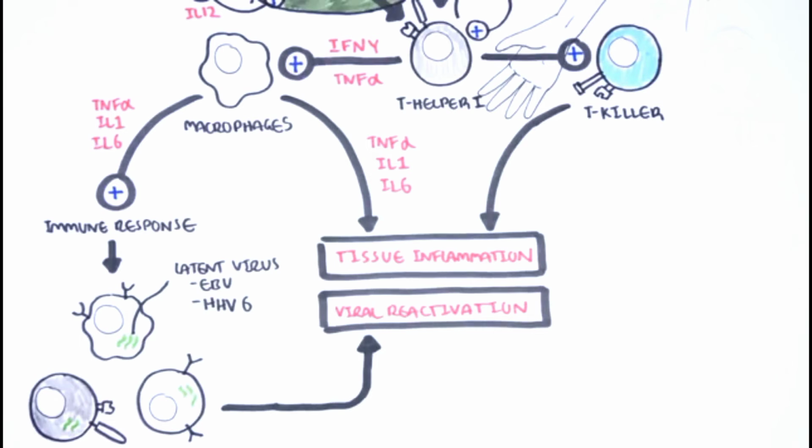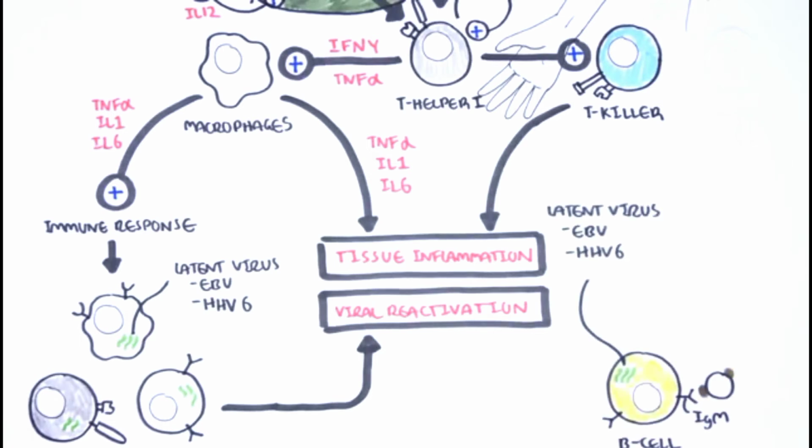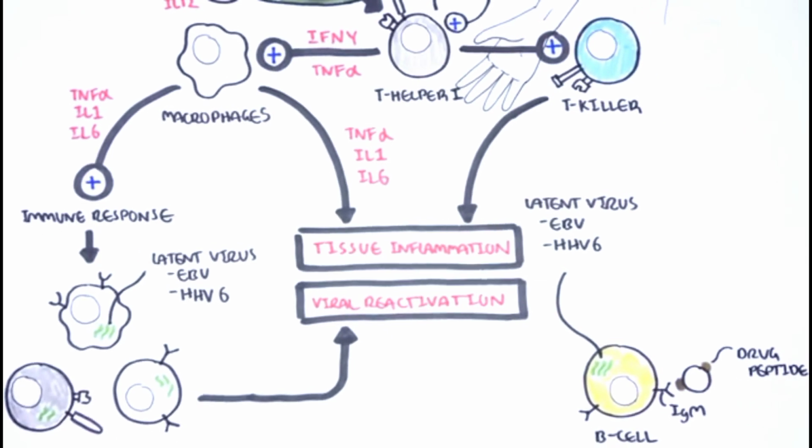The other idea is that antigen-presenting cells, such as B cells, can have latent viruses inside them. The hapten carrier protein complex we learned about earlier is recognized by the antigen-presenting cell. The antigen-presenting cell is stimulated, and the virus particles that were latent inside them can be reactivated.